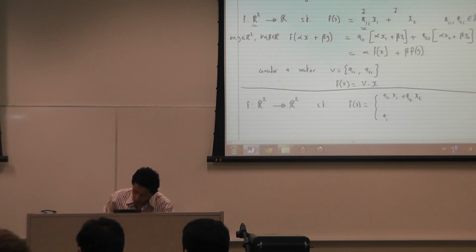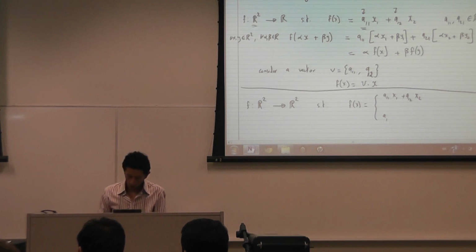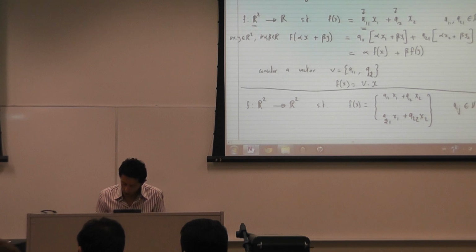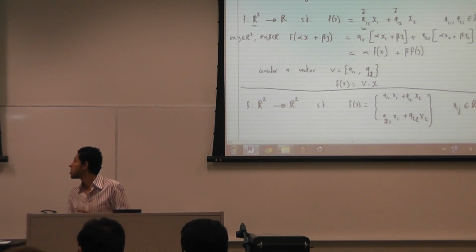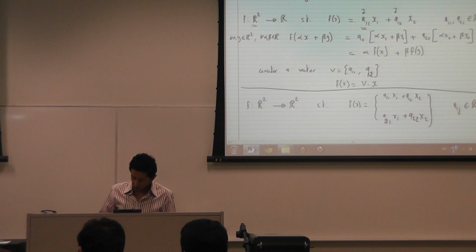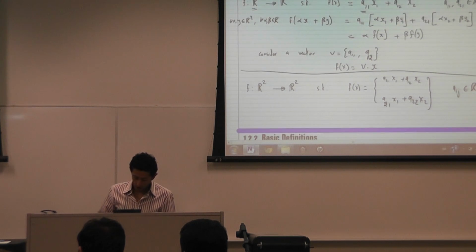Okay, these have to, just for consistency, x1 plus a22 x2, where those aij's are just real numbers, any real numbers, but fixed for this particular function.